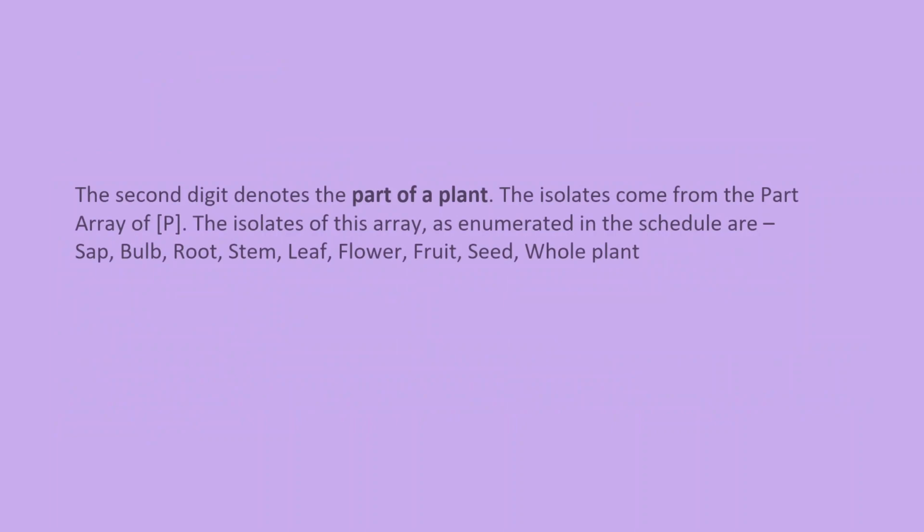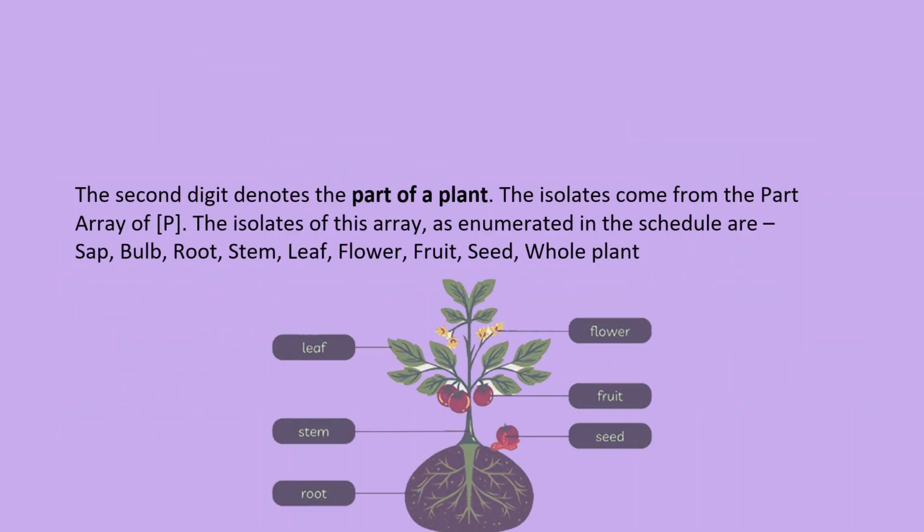The second digit denotes the part of a plant. The isolates come from the part array of the personality facet, and as enumerated in the schedule are sap, bulb, root, stem, leaf, flower, fruit, etc.